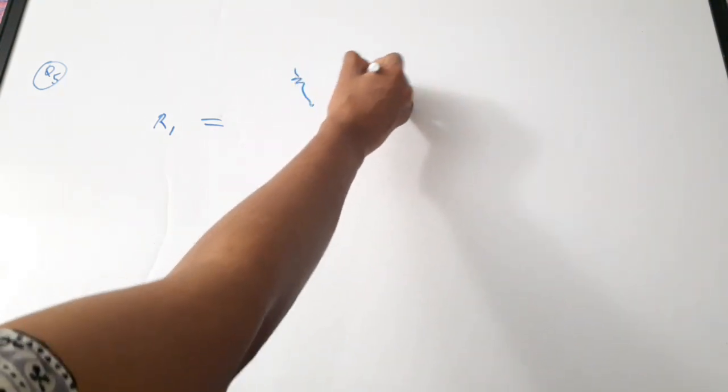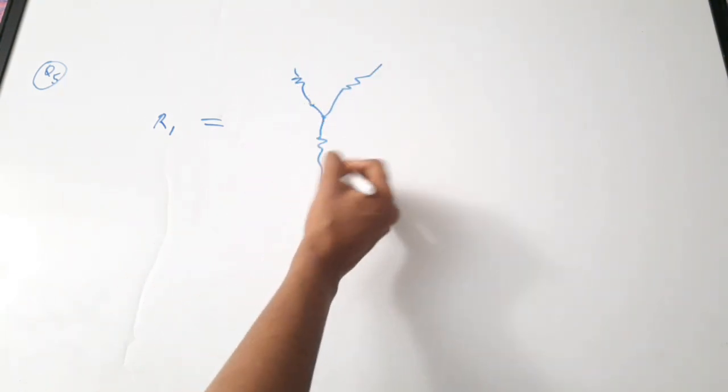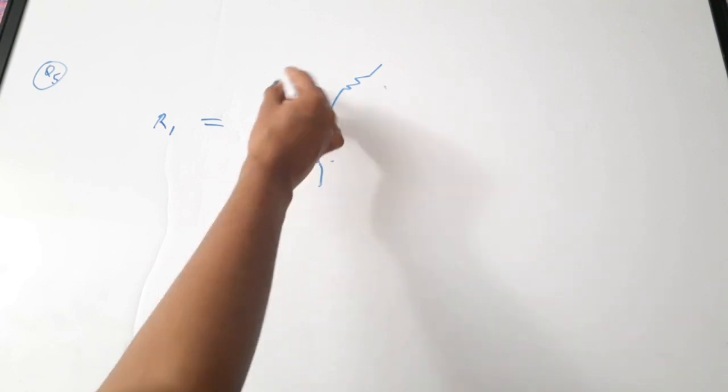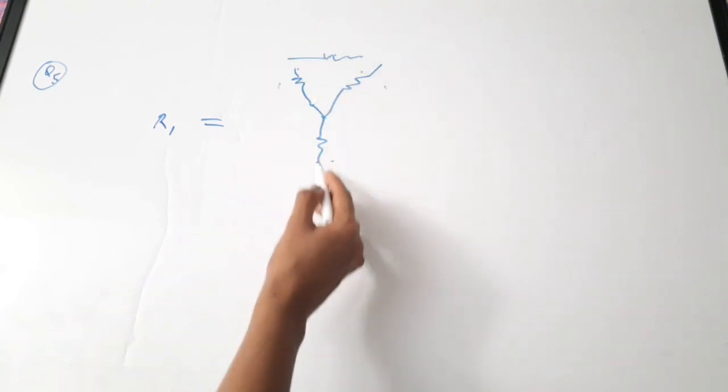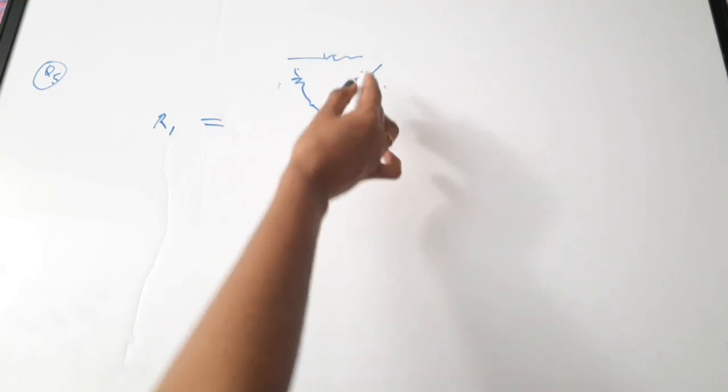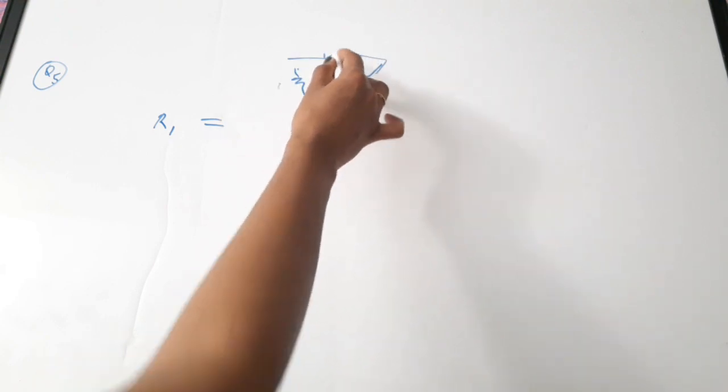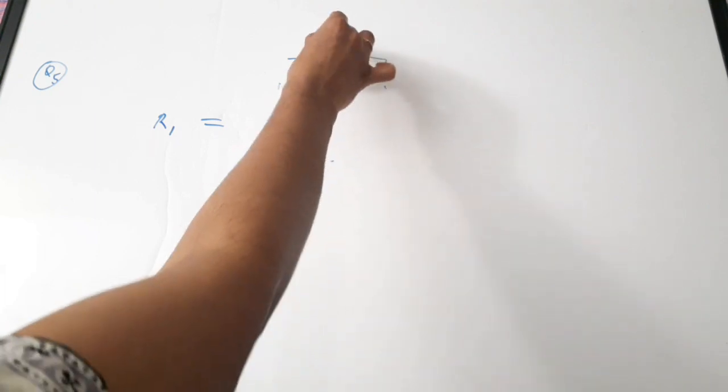So finding R1: R1 equal to, just take the product of the adjacent branches and divide it by the opposite branch. So that is the concept. So here in a delta, there are 3 resistors like this, right? So you have to take the product of this and then this and then this, and then R1 is here, right? So divide these product terms with this. We want to find the value of R1 here.